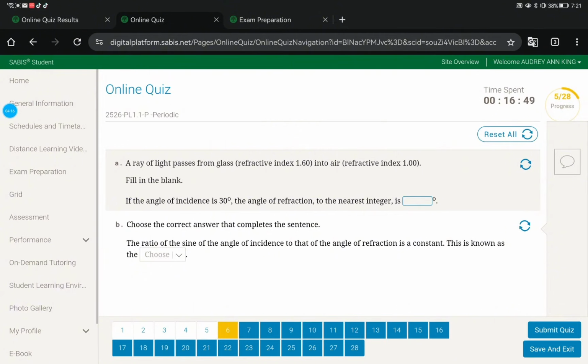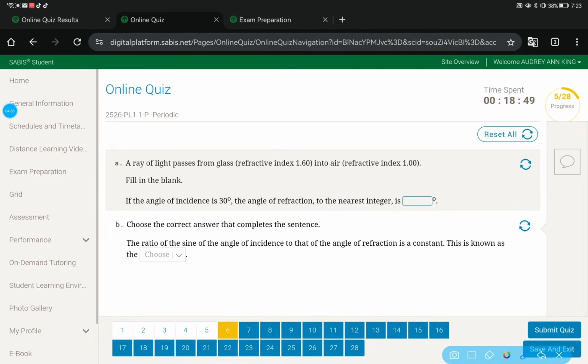A ray of light passes from glass, refractive index 1.60, into air, refractive index 1. If the angle of incidence is 30, what is the angle of refraction to the nearest integer? I don't know if you remember Snell's law.